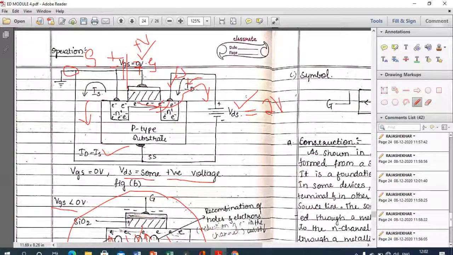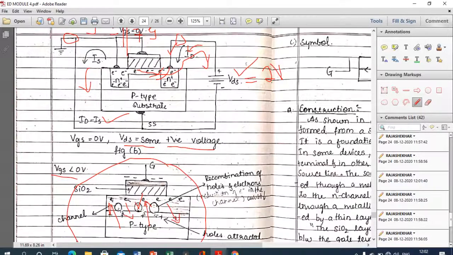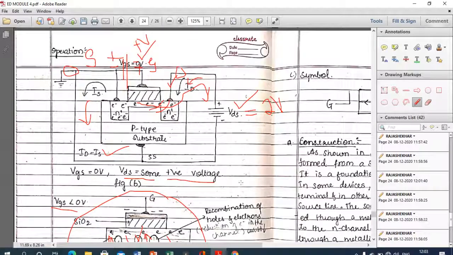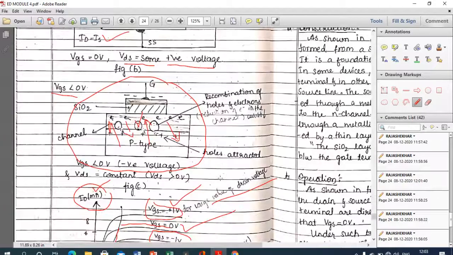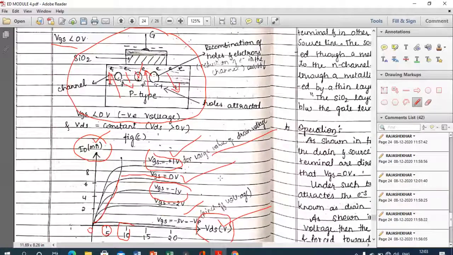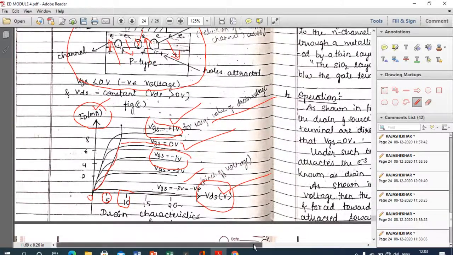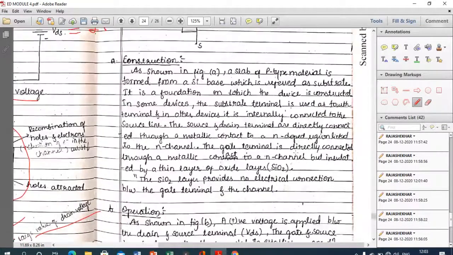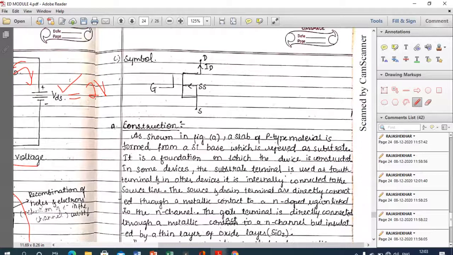So which is shown here, when we connect a negative potential, electrons in the channel reduce, thereby the drain current also reduces. This is how the N-channel MOSFET operates and causes current flow in the N-channel depletion type MOSFET. The same explanation is given, just go through this and we will understand.